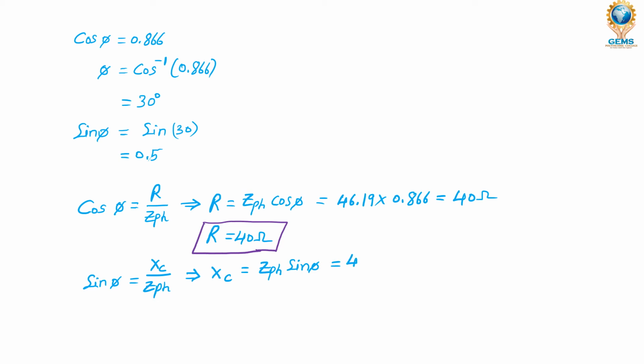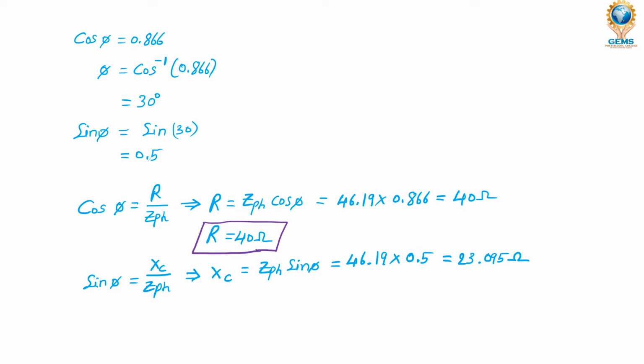Z phase is 46.19 into sin phi value, 0.5. So we will get the Xc value as 23.095. The unit is also ohm. This is the Xc value.